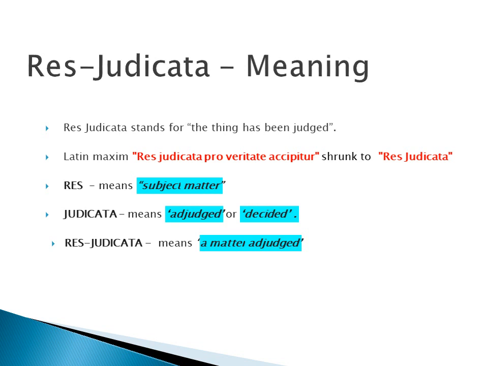Hence, the court will dismiss the case as it has been decided by another court. In short, it is a bar for relitigation of such cases between the same parties. Res judicata is known to Hindu law as Purva Nyaya.